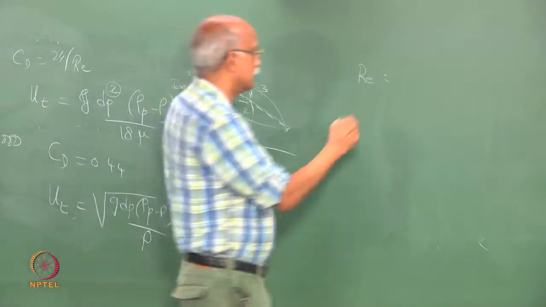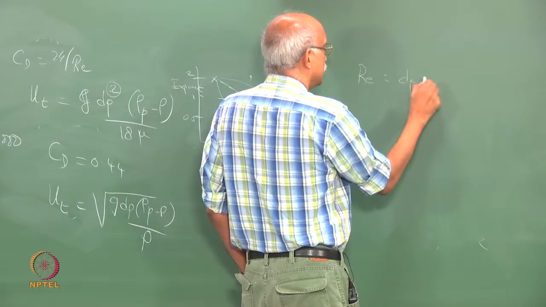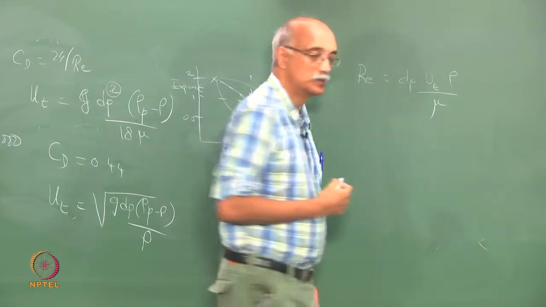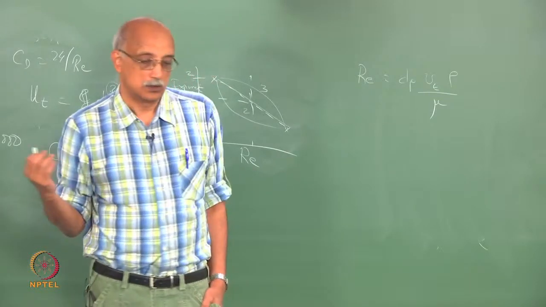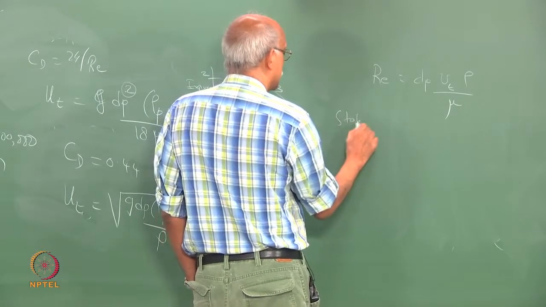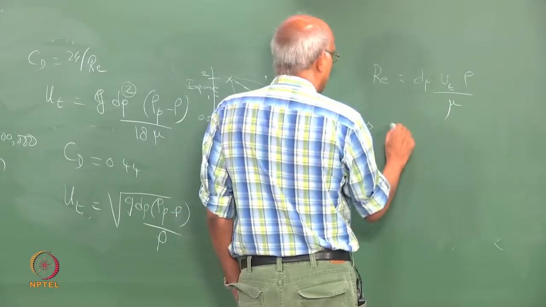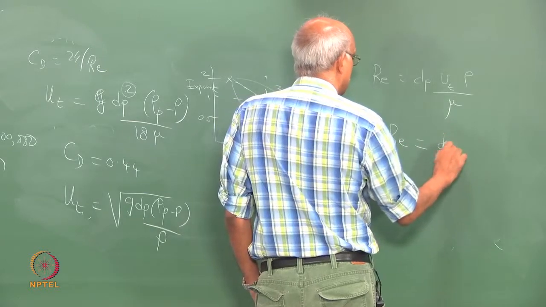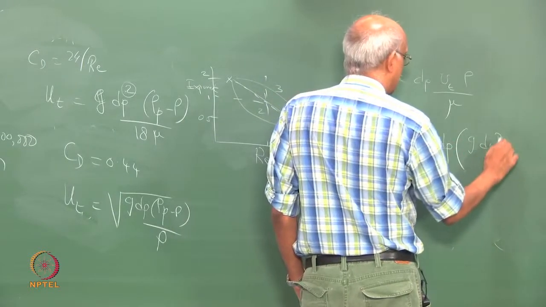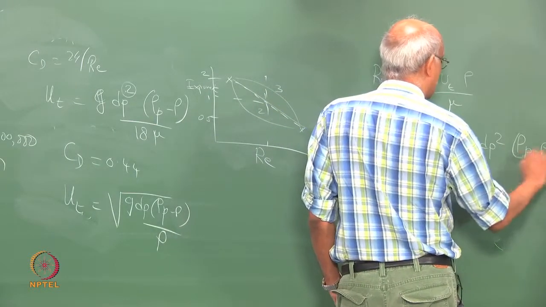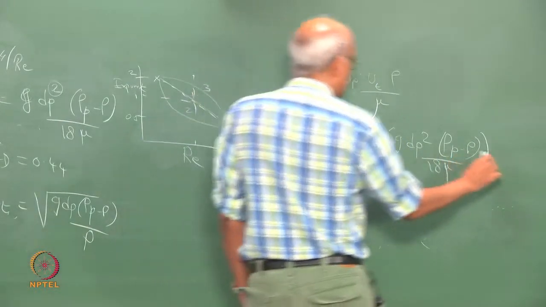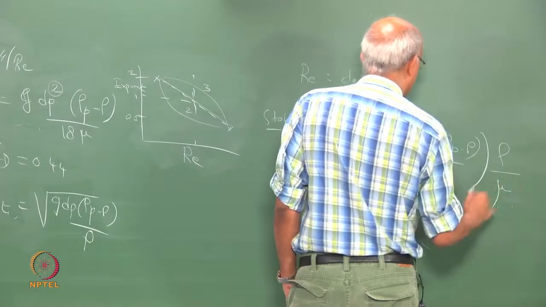Reynolds number is given by dp ut rho by mu. In the Stokes regime, you can substitute for ut as g times dp squared times (rho p minus rho) by 18 mu, times rho by mu.